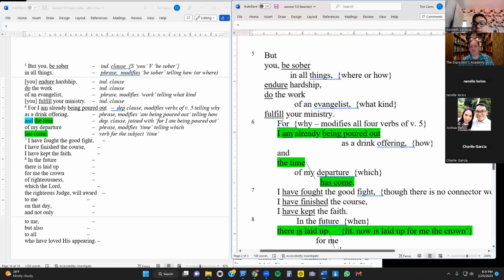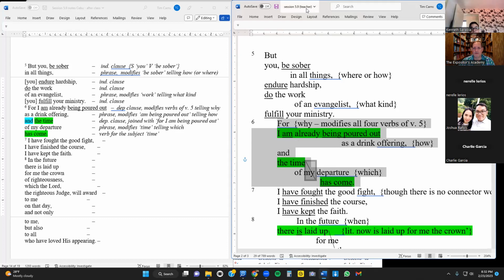And then I would have verse 6 is the reason for Paul's instruction. Okay. Yes. All right. Now, I'm just going to, for the sake of time, go straight to the diagram here and talk about what I did, and try to explain to you why I did it.